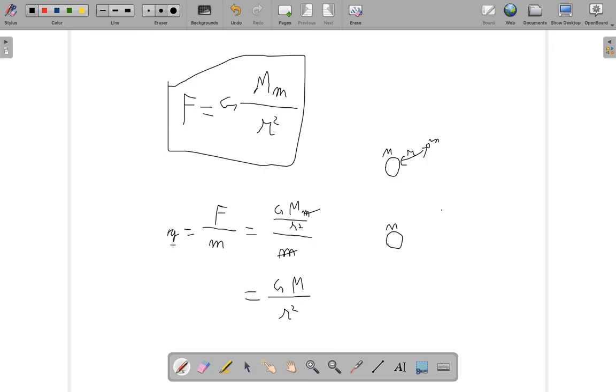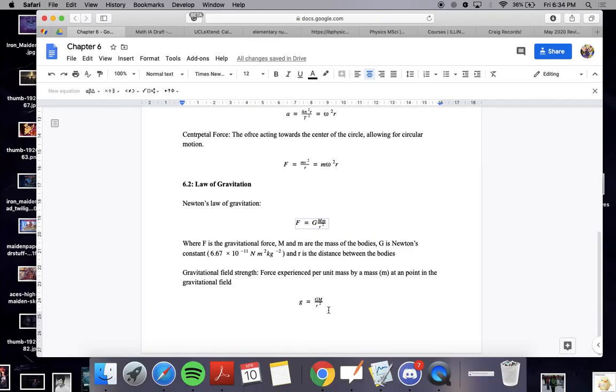And this here is the same as the g you use in mechanics, the acceleration due to gravity, because if you think about it, acceleration due to gravity is the same as gravitational force divided by the mass that it's acting upon. And with that, we're done with gravitational field strength.